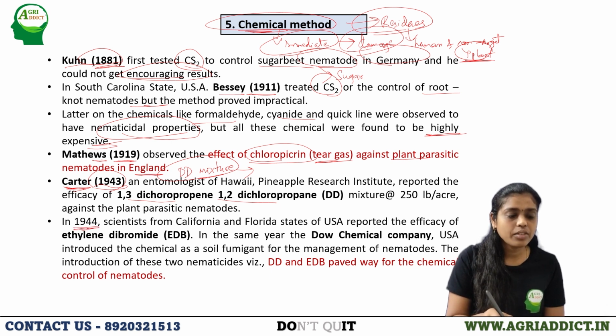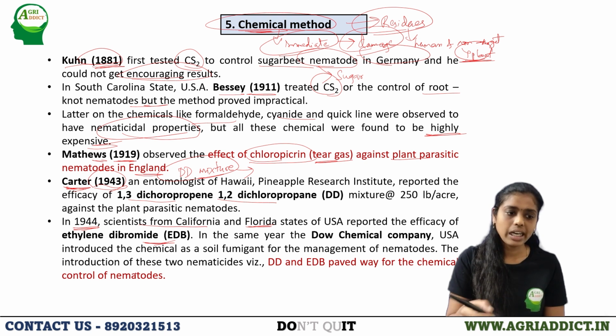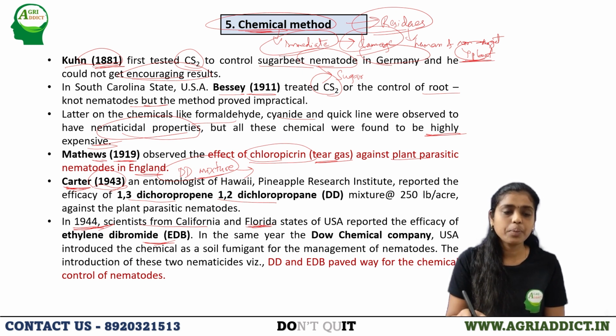And in the year 1945, scientists from California and Florida of the USA reported the efficacy of ethylene dibromide. Later, after the discovery of the DD mixture in the year 1944, some scientists from California and Florida reported the efficacy of ethylene dibromide.